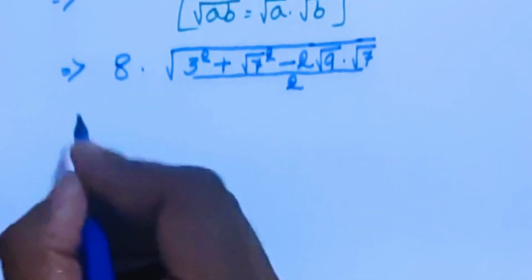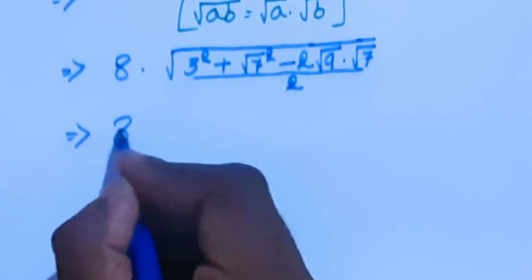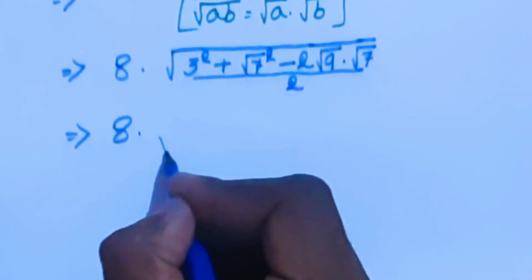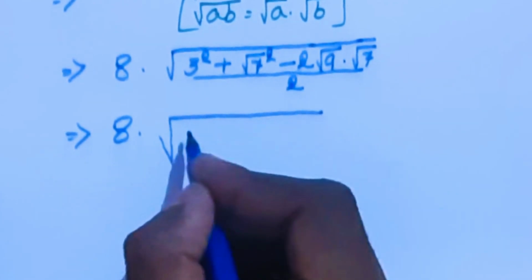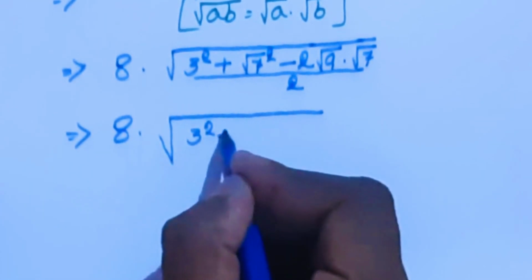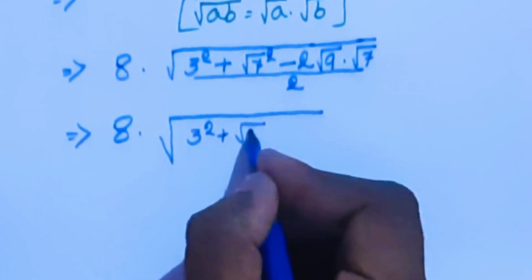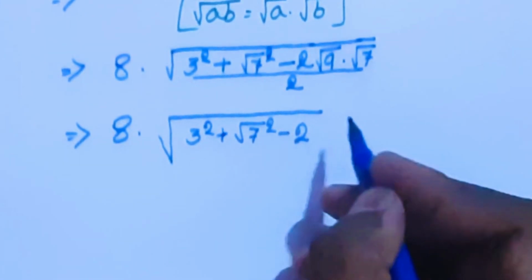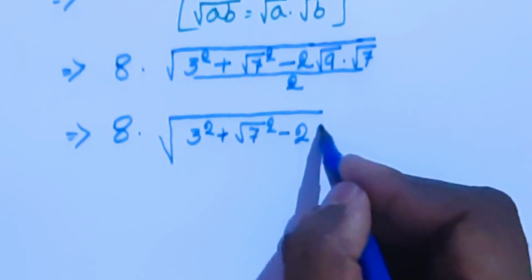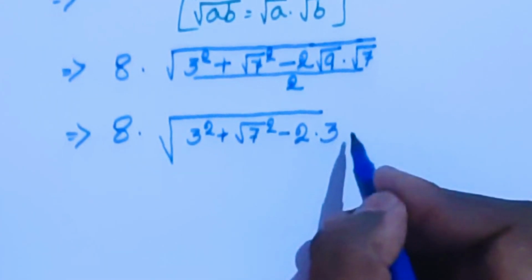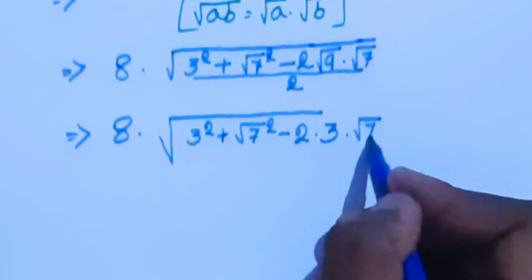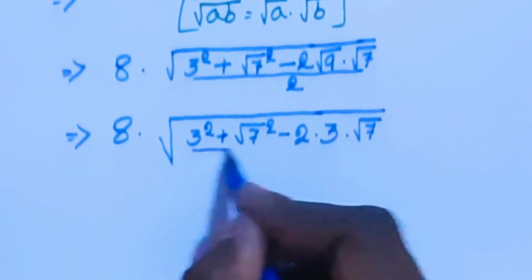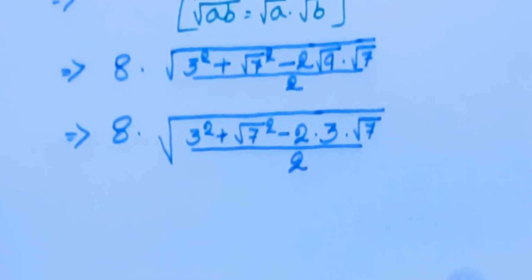Now 8 times square root of 3 square plus square root of 7 square minus 2. This square root of 9 is 3 times square root of 7, by 2.